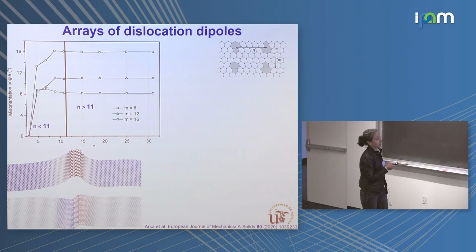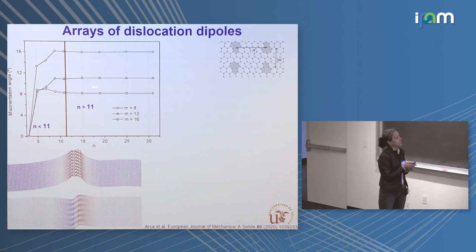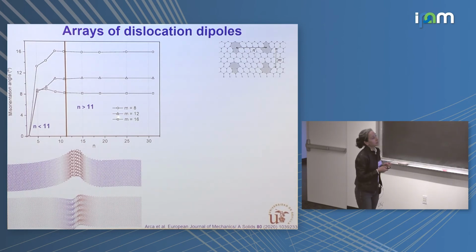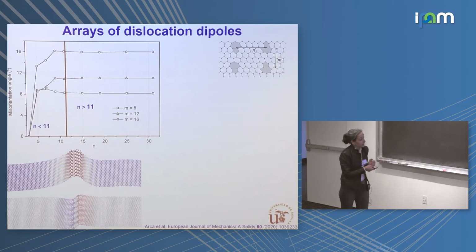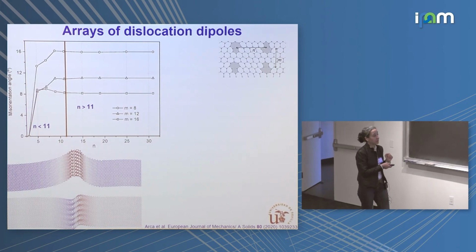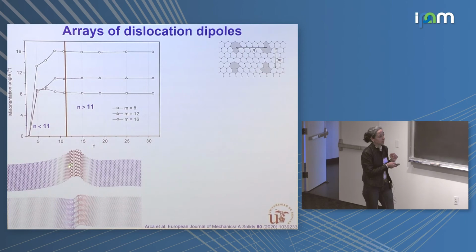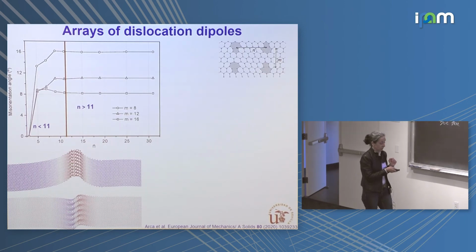Whereas for longer dipoles, this is the angle that you observe, constant. So it depends only on the value of m. This is the out-of-plane displacement that you observe, local on the 5-7 rings, for this configuration and this another one.